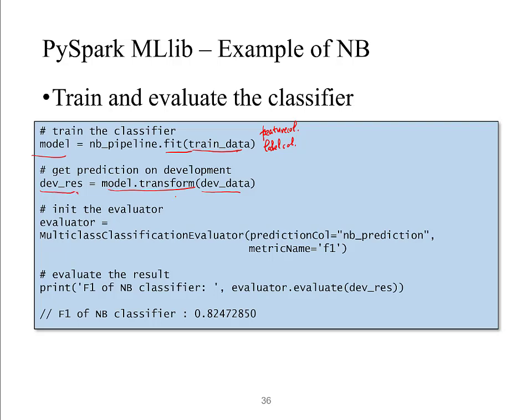In the transform step, we just get the prediction. So only the feature column contributes to the output of model.transform. And as you can imagine, the development data goes through the pipeline, so it does the tokenization to get the count vectors, or the feature vectors, and also does the label indexing.